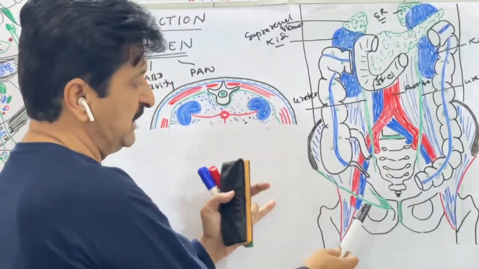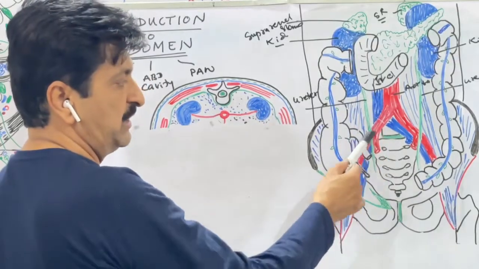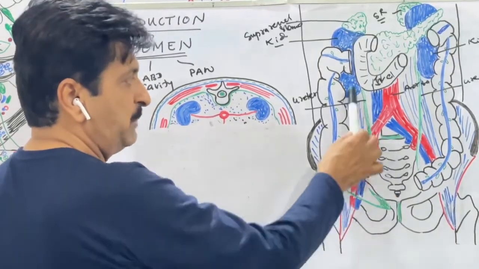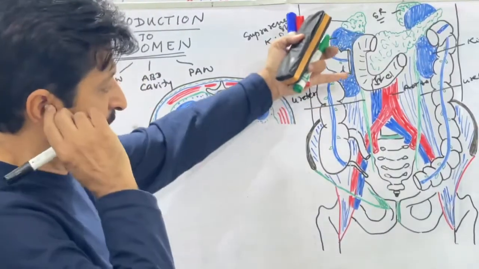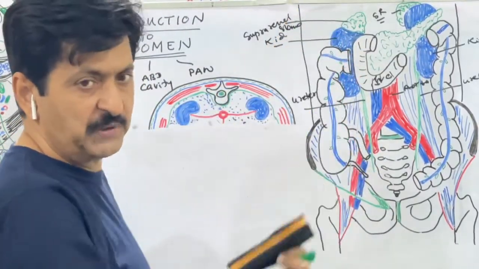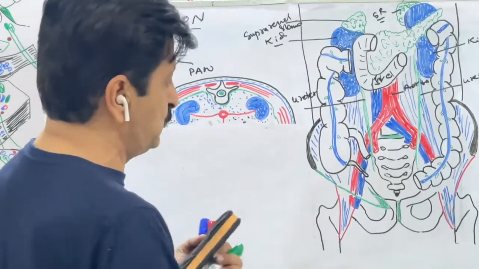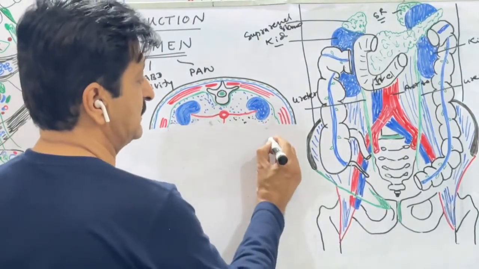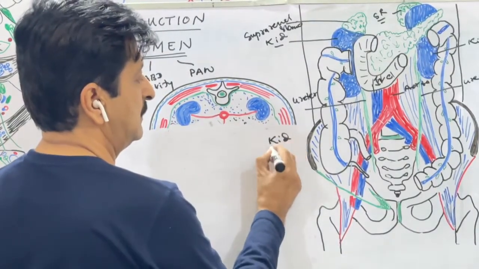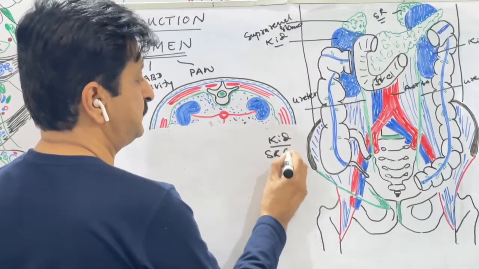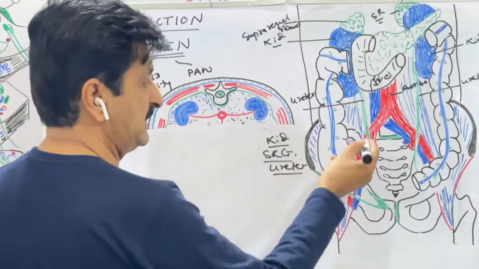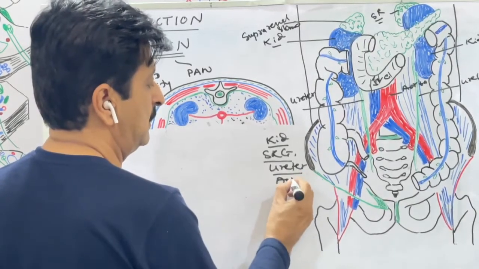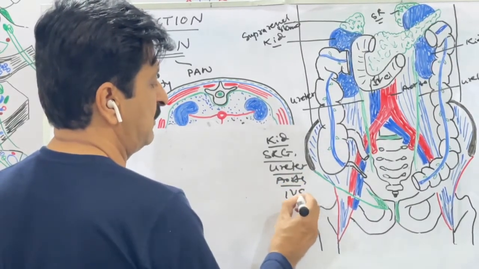And if you are looking at this, you see the aorta dividing into the two common iliacs. But these are all things we will discuss one by one. So when you enter into the retroperitoneum, you have to discuss here the kidney, suprarenal glands, ureter, and then aorta, inferior vena cava.